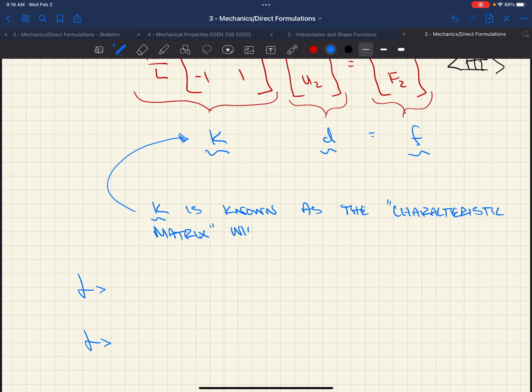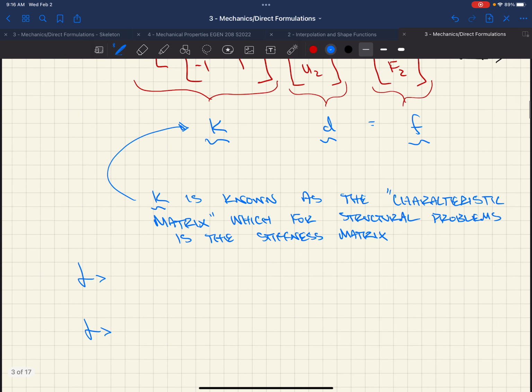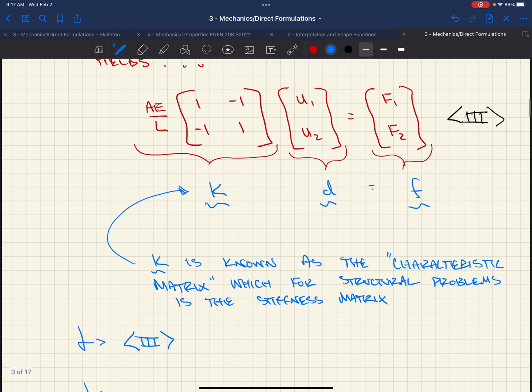But for structural problems, this is the stiffness matrix. As mentioned, equation 3 there is really just the equation for a linear spring.